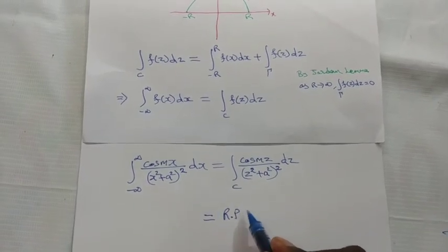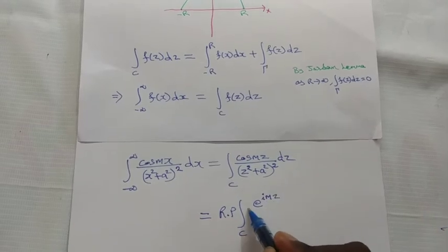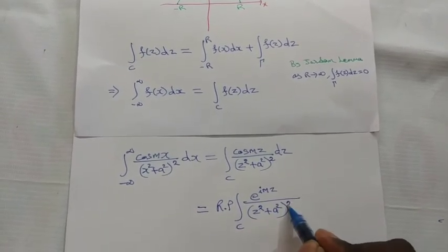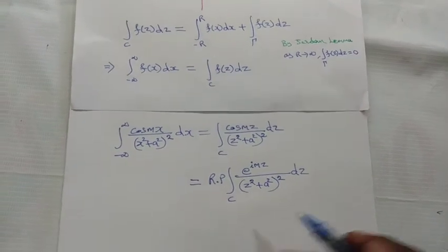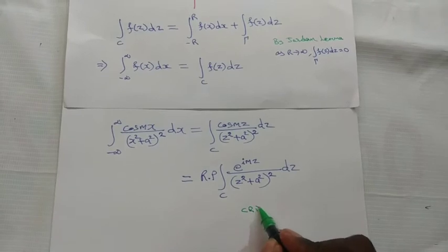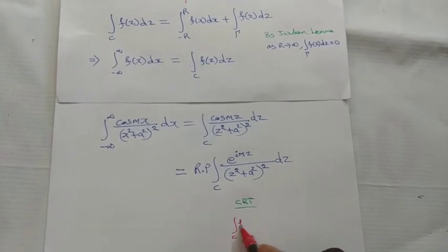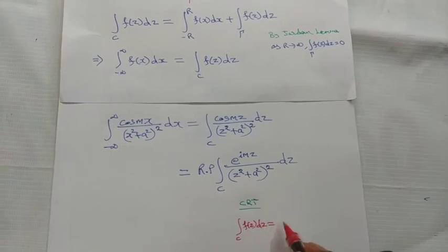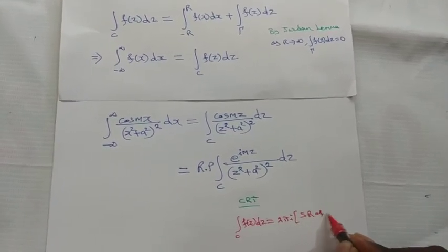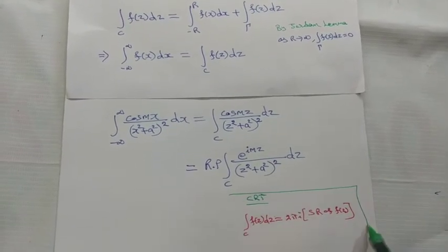Now I can apply Cauchy residue theorem. What is the Cauchy residue theorem? It says integral over C of f of z dz equals 2 pi i into the sum of the residues of f of z.